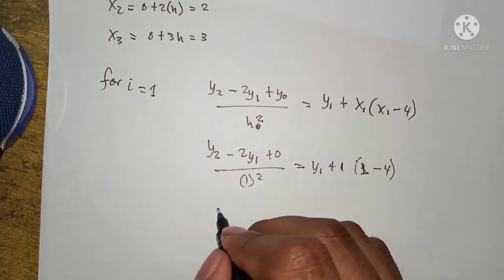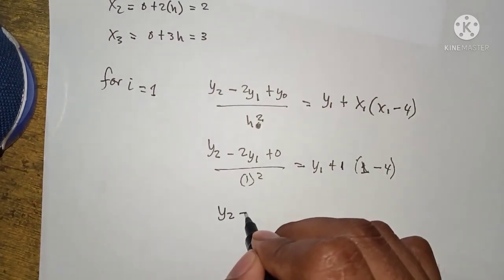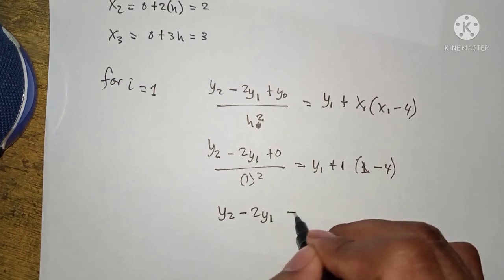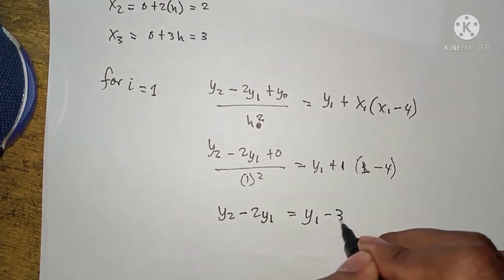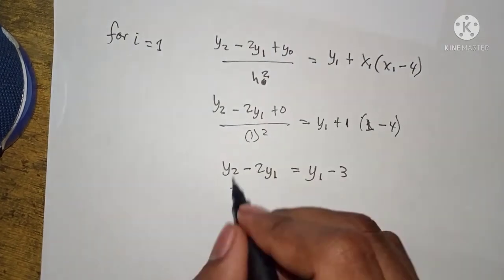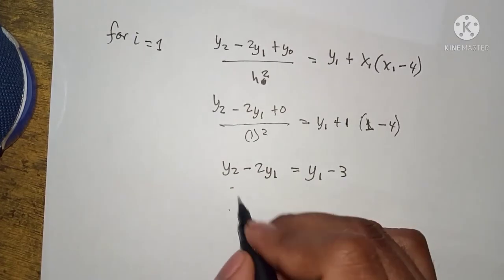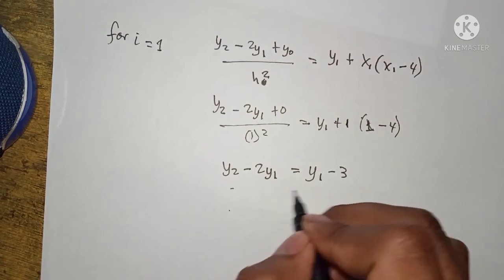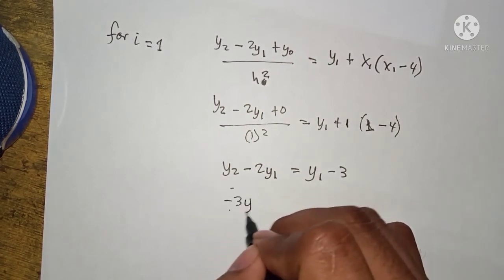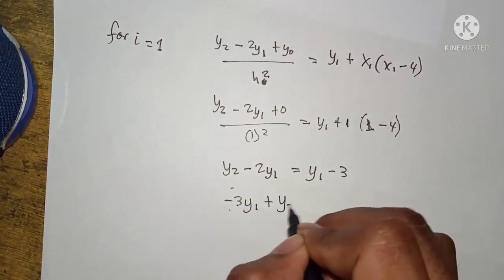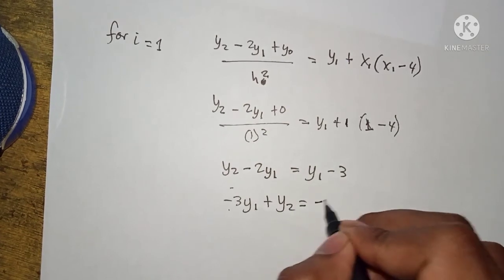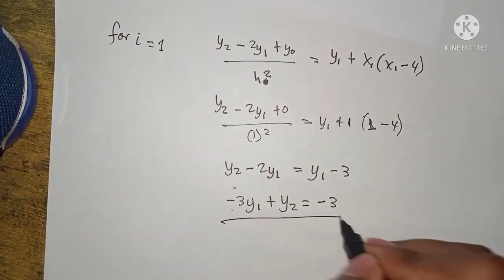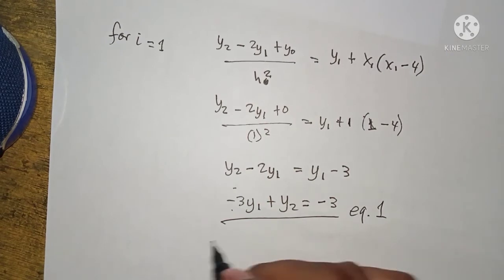So we get y2 minus 2 y1 is equal to y1 minus 3. Moving terms, negative 3 y1 plus y2 is equal to negative 3. This is our equation number 1.